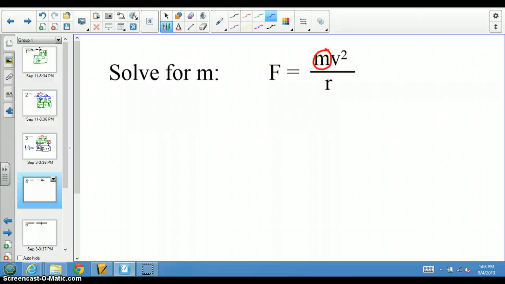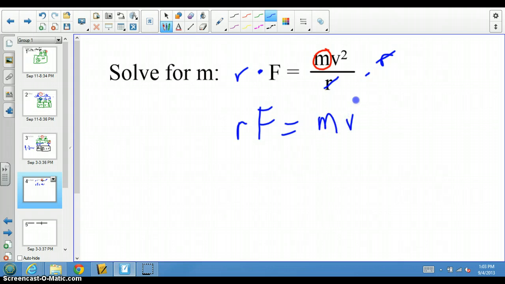So look at this. We are dividing mv squared divided by r. So to get rid of division, I have to multiply. So I'm going to multiply each side by r. So I have rf, or you could write that fr, equals mv squared.